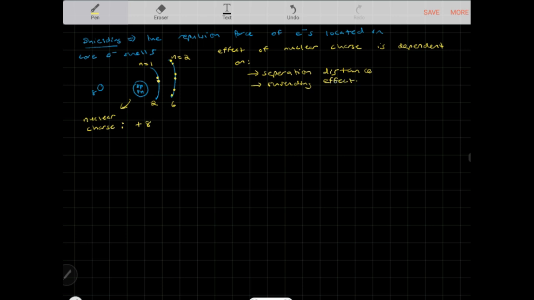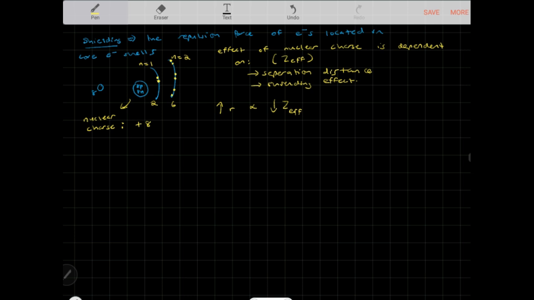As the separation distance increases, the effect of the nuclear charge, which I'm going to call Z effect, is going to decrease, because the further away electrons are from the nucleus, the less force of attraction they feel.